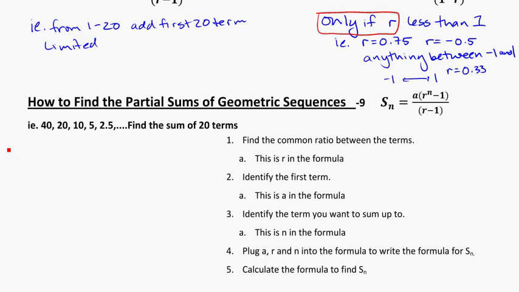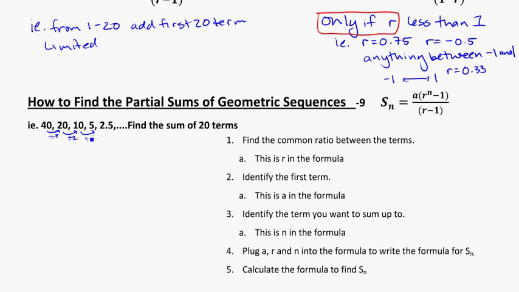let's give it a go. First thing I want to find is the common ratio between the terms. Again, this is what I'm multiplying or dividing by between all of them. And you might be able to recognize it just by looking at them. To go from 40 to 20 to 10 to 5, you'll notice all of these, I'm dividing by 2. But I want to think about that as a multiplication.